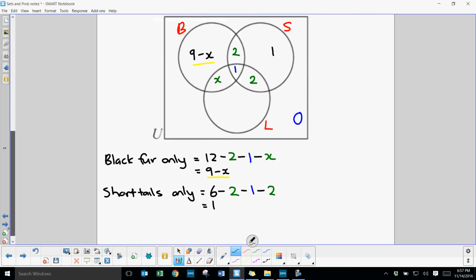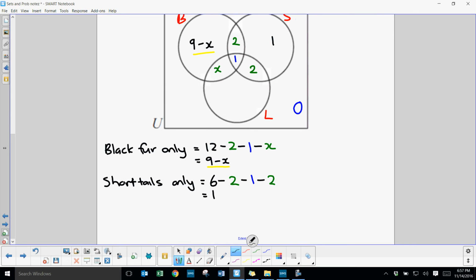So the whole circle must add up to 15, because it doesn't say long hair only, so it means the whole circle adds up to 15. So we're going to work out long hair only by doing 15 minus what else is in the long hair. So 15 minus 2 minus the blue 1 in the center and minus the x.